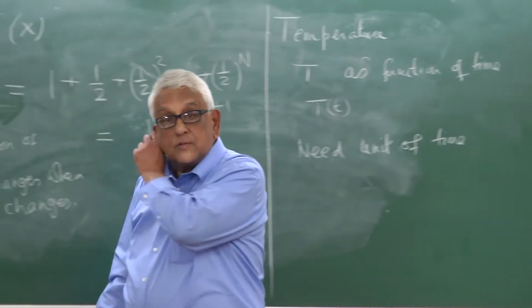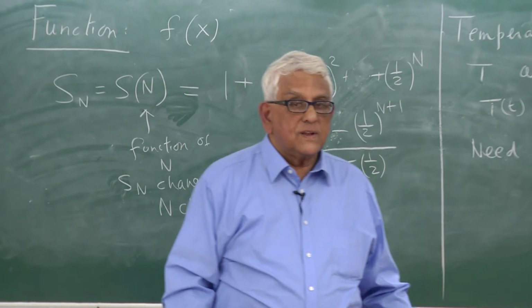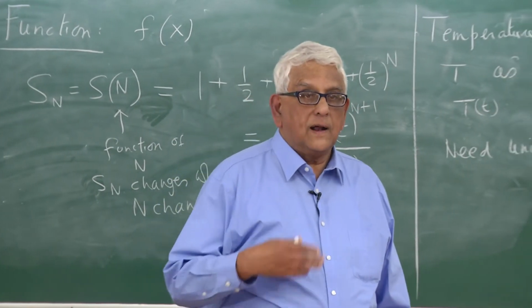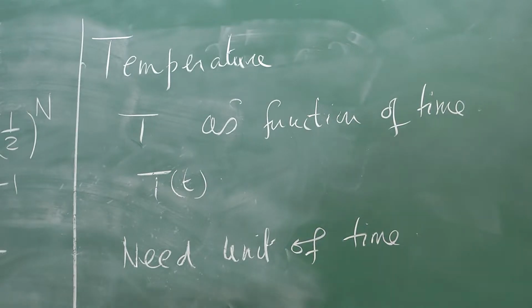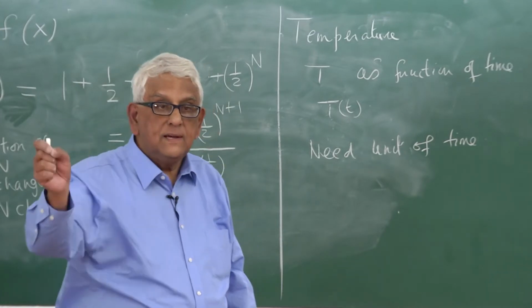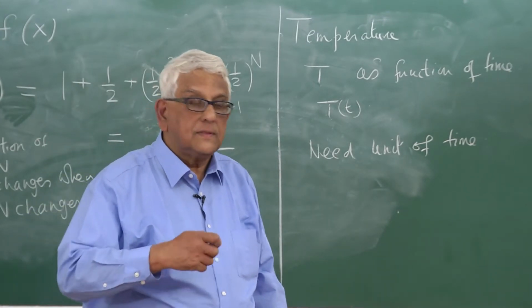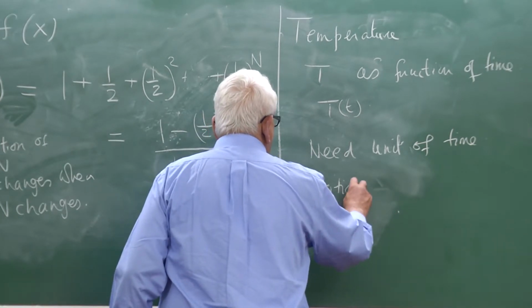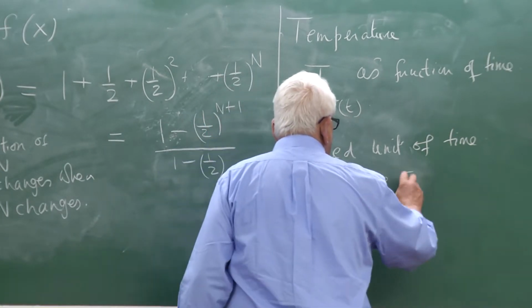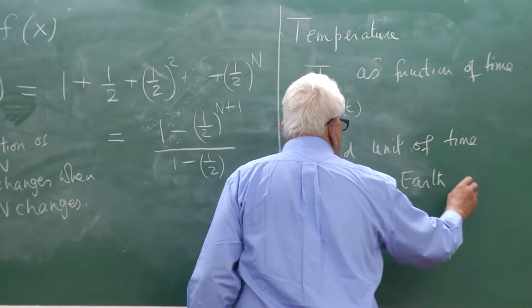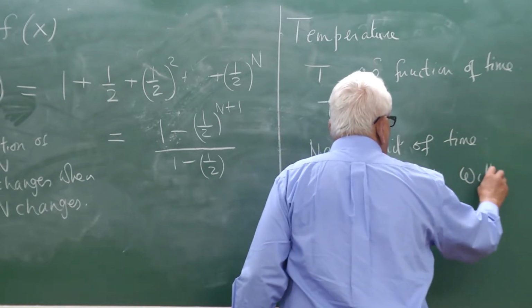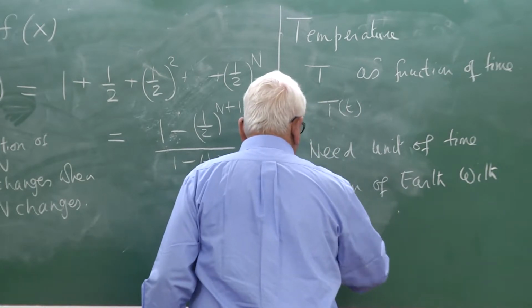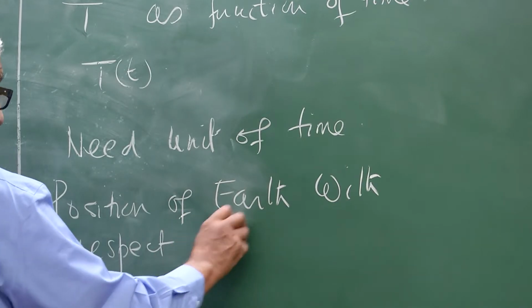So these very, very simple examples are everyday examples. This is an abstract example, but this is an everyday example. If you have something moving and changing with time, that would be position of Earth with respect to the Sun.